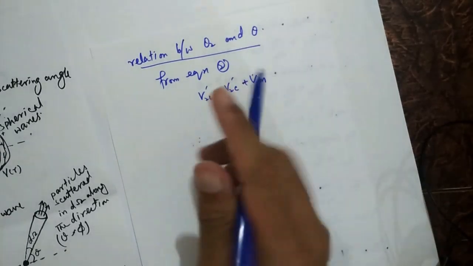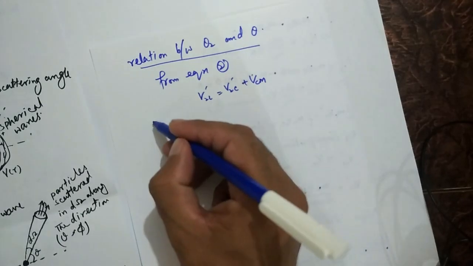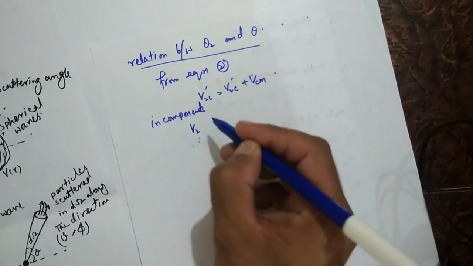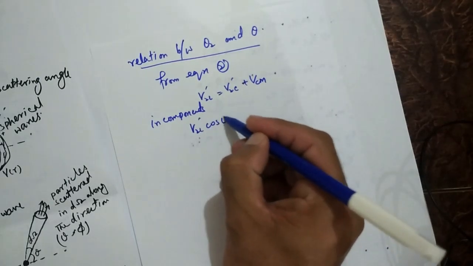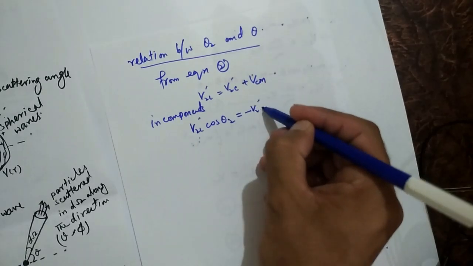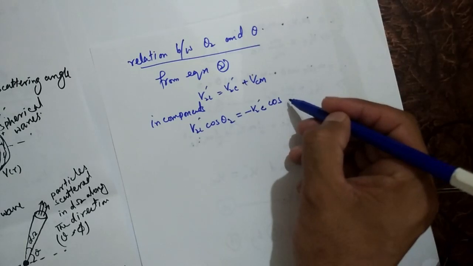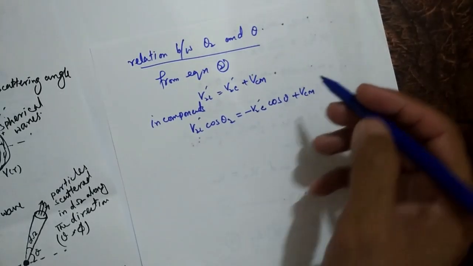So the x components will be v2 dash L cos theta 2 is equal to minus v2 dash C cos theta plus vcm.